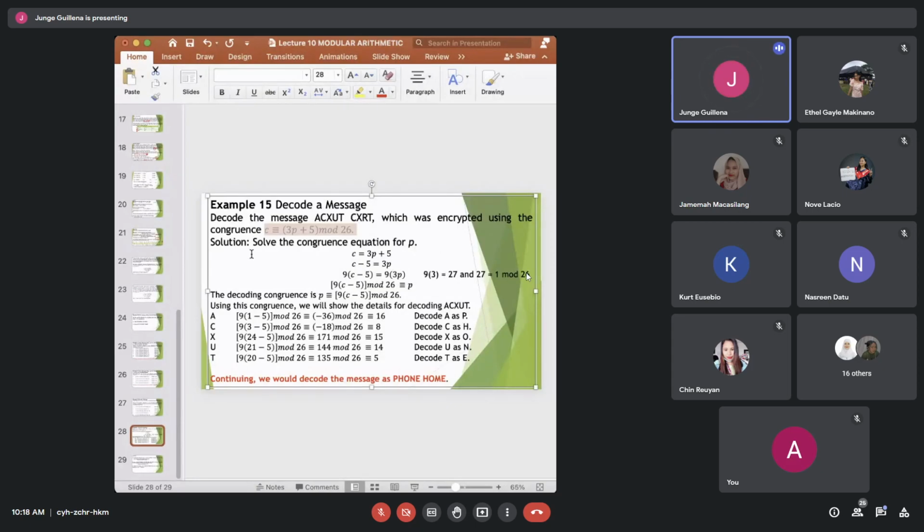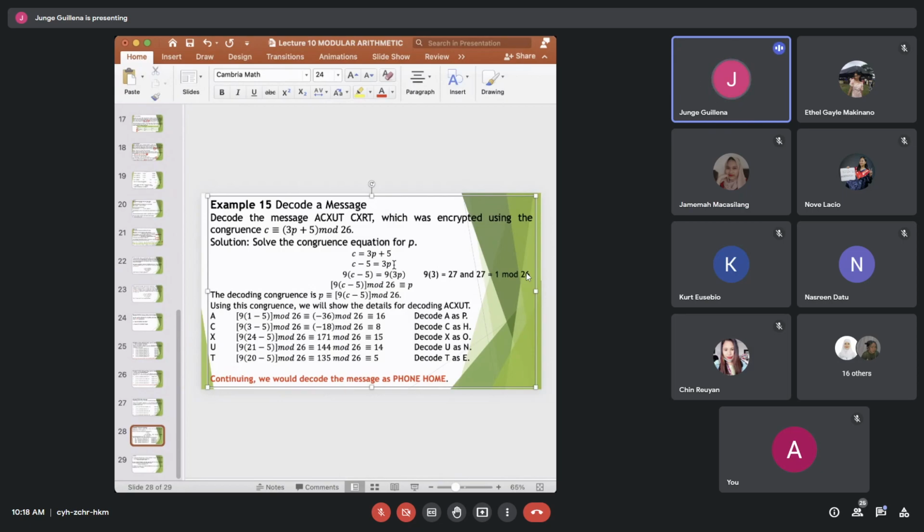So first, before we do the decoding, we have to solve the congruence equation for P. We'll only focus on this one: C is congruent to 3P plus 5. And you transpose 5 to the left side. So you have C minus 5 is equal to 3P.